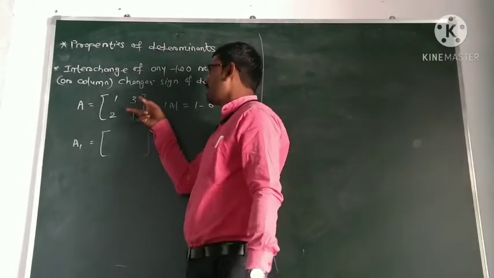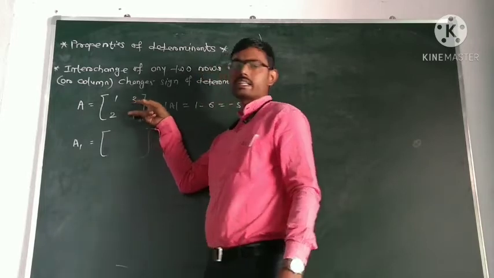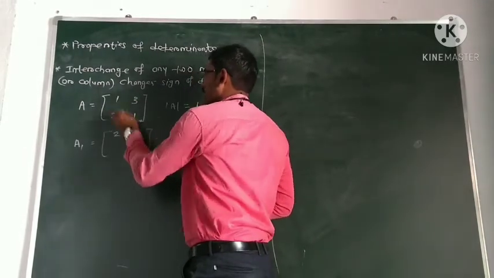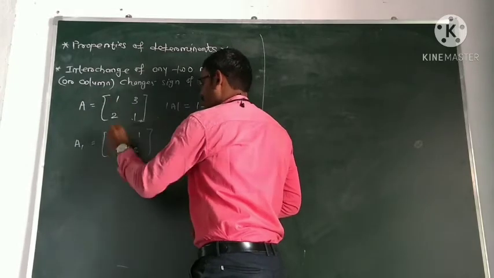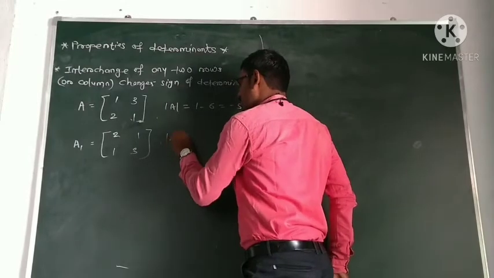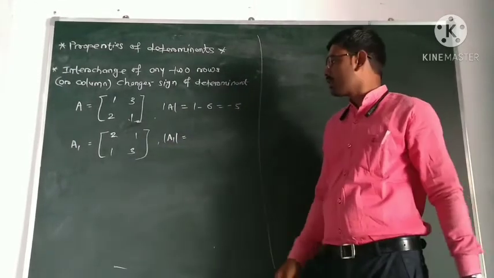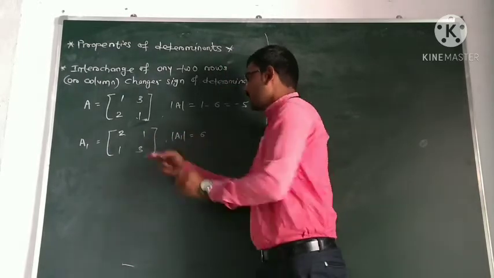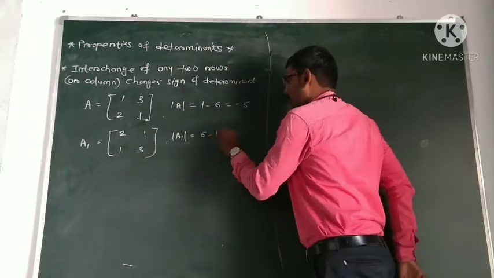So the second row becomes the first row, 2 1, and the first row becomes the second row. Now the determinant of A1 is equal to 3 into 2 is 6 minus 1 into 1, which is 5.